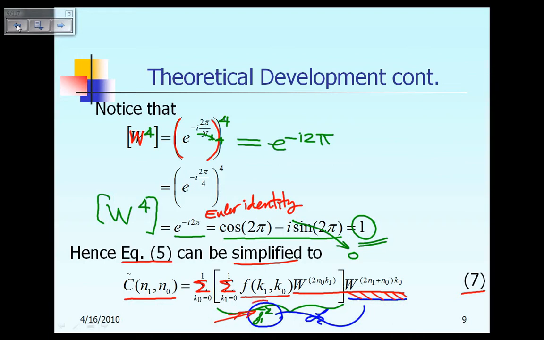Multiply that with the inner product vector f1 that you just computed, and the product of this f1 and that w term together, we call the vector f2. And that vector f2 should be the same as the vector c theta.